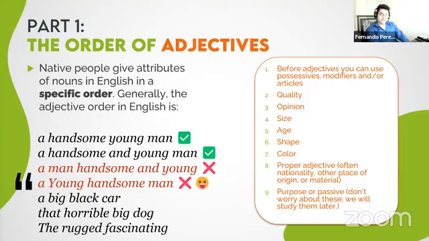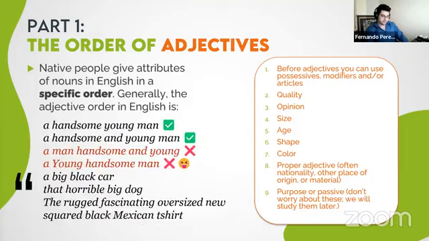Size: oversized. New, squared, black, Mexican t-shirt. Jesus, that was very big. The rugged, fascinating, oversized new square black Mexican t-shirt is mine.